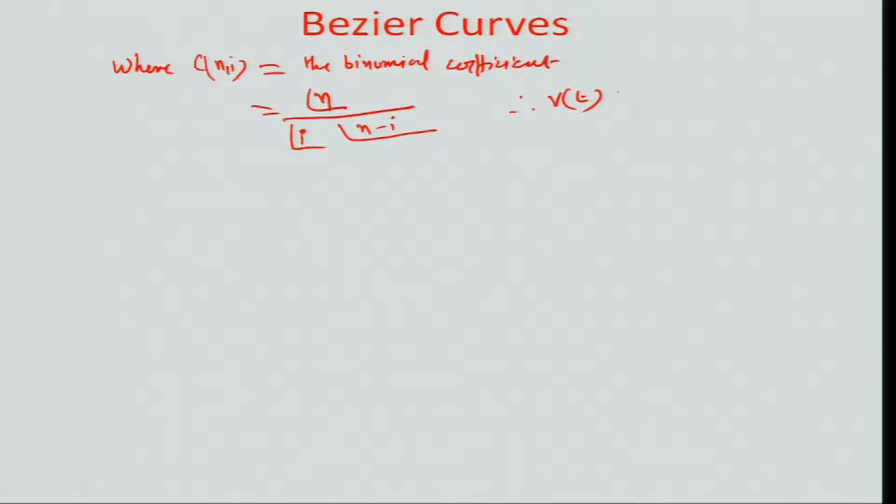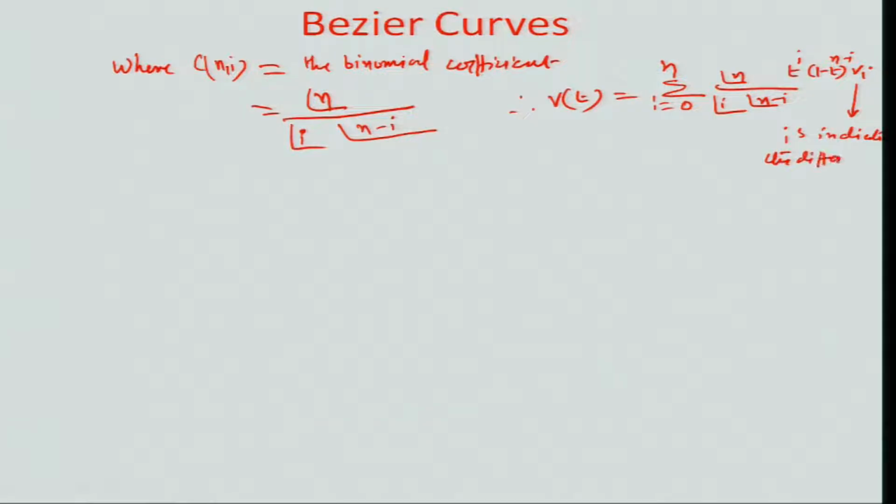Therefore V(t), the polynomial, can be written again as sigma i varying between 0 to n, for the n plus 1 control points, of n factorial divided by i factorial times (n minus i) factorial, times t to the power of i, times (1 minus t) to the power of n minus i, times Vi, where these Vi indicate the different coordinate points which will be useful for plotting the Bezier fit.